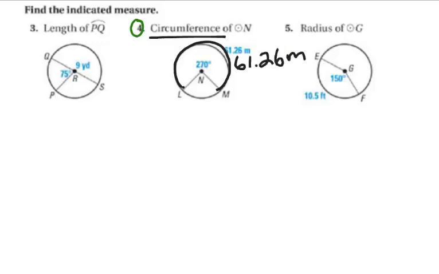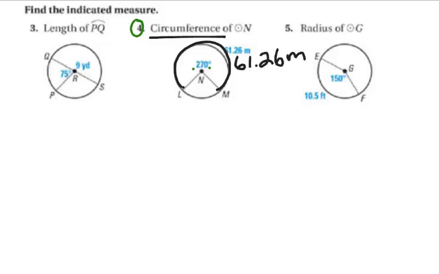And that's the piece of the circumference that this angle, the 270 degrees, intercepts. It's the part that is cut out from that 270 degree angle. So what we're looking for on this one is circumference.